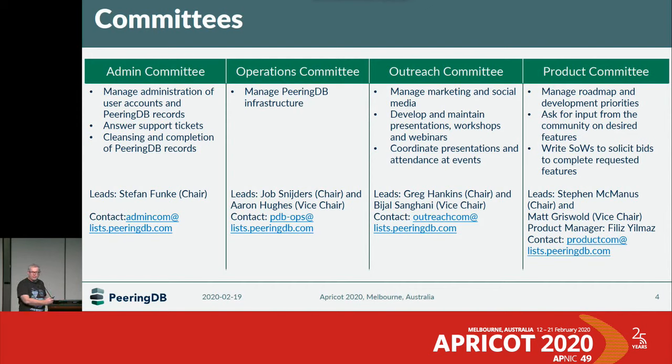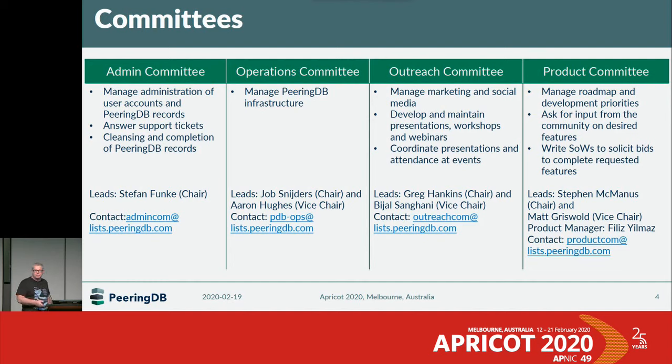As an association, of course, it has a board. The board takes care of the overall duties. It sets a strategic direction. It takes care that there is enough money, but the day-to-day work for PeeringDB is run by the so-called committees. There are 4 committees. There is our support department, which we call the admin committee.